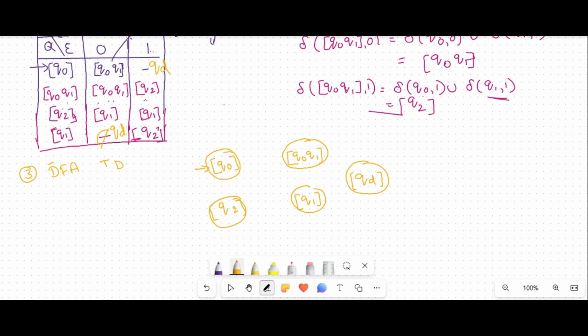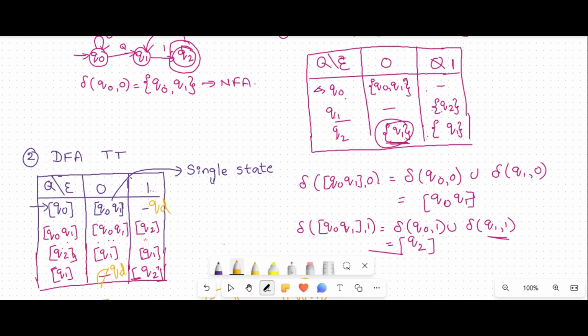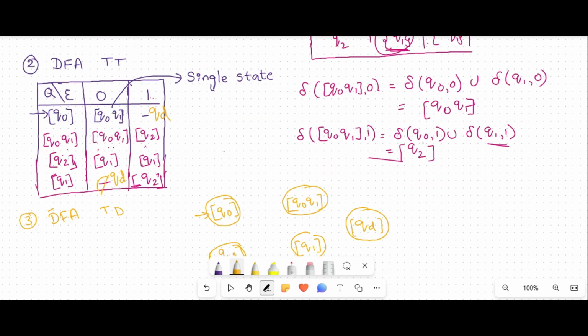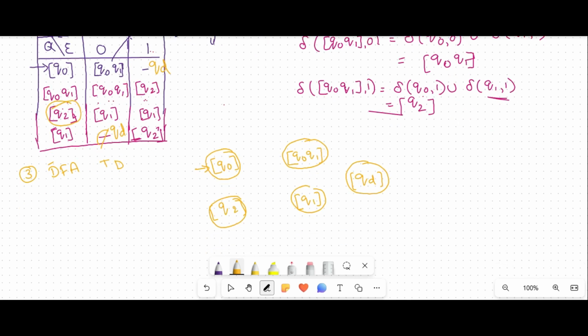Then which one do we have to consider as the final state? If you observe the given NFA, the final state is Q2. So in DFA, wherever Q2 is there, that will become the final state. For example, if a state consists of Q0, Q1 and also Q2, then this also will become a final state.